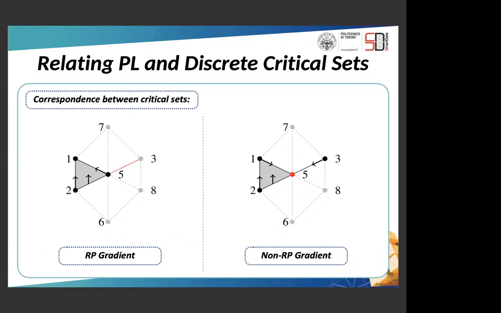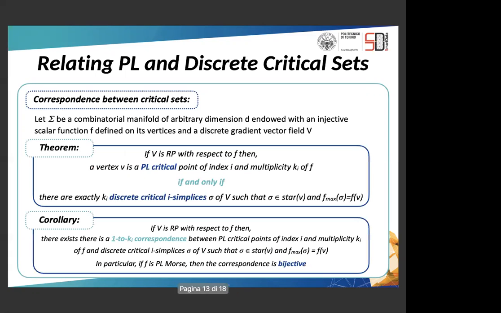On the right picture we don't have the same correspondence, and so the gradient is not relative perfect. Based on this notion, we can claim the correspondence between PL critical points and discrete critical simplexes under the assumption that the gradient is relative perfect with respect to the function.